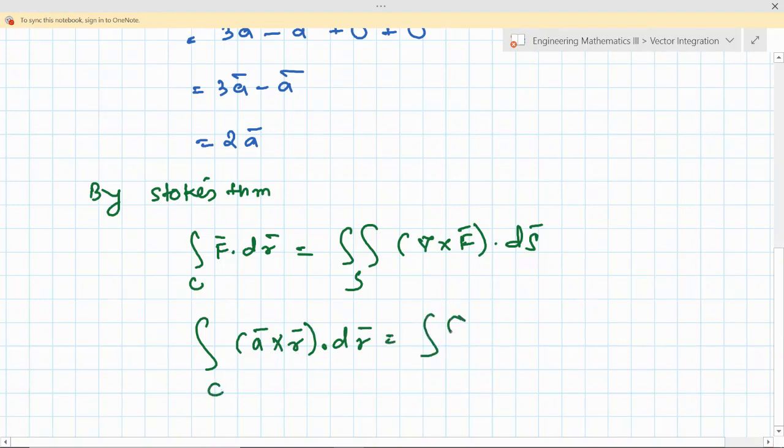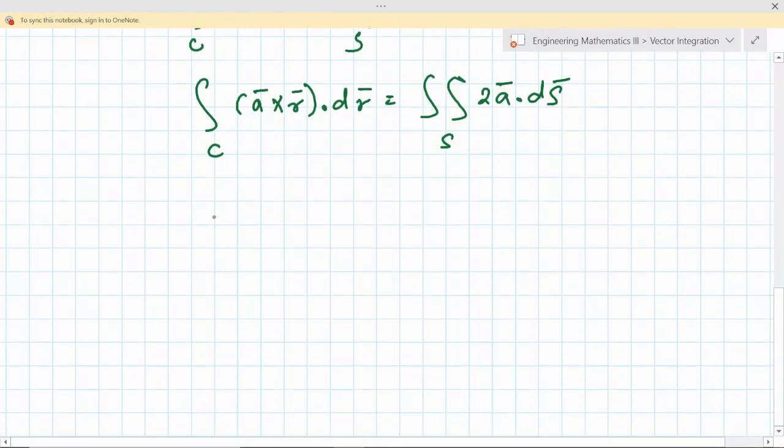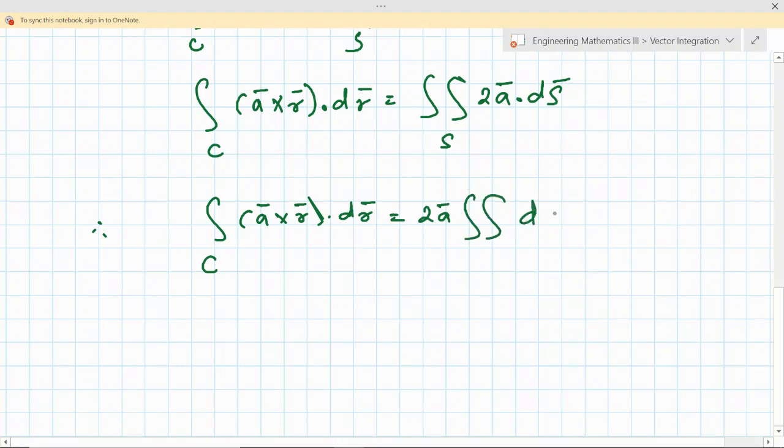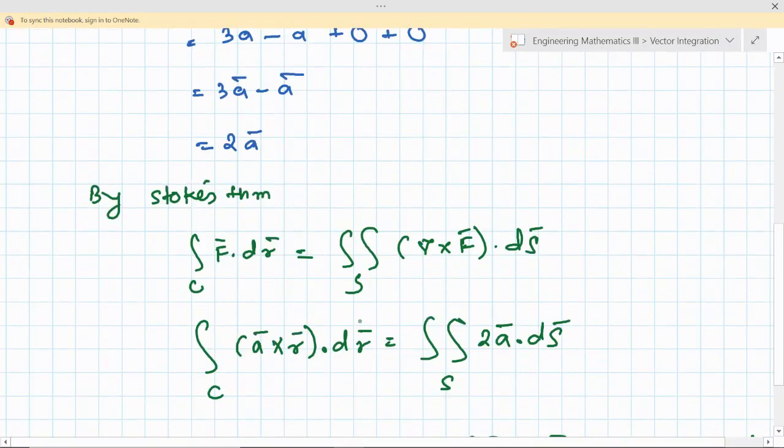This is equal to the surface integral of del cross a bar, which we have found is 2 a bar, dot ds bar over s, and you can take 2 a bar outside the integral, it is constant. Therefore this line integral of a bar cross r bar dot dr bar over c is equal to 2 a bar times the surface integral of ds bar over s, and proved. Okay, so this is the example based on the Stokes theorem.